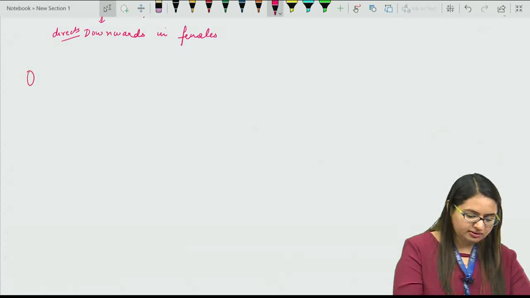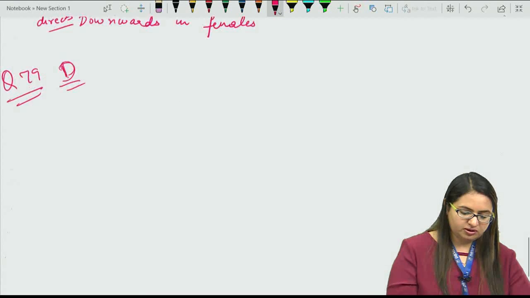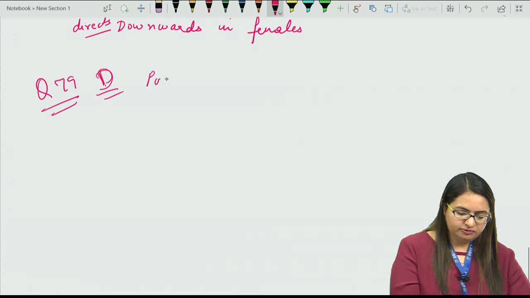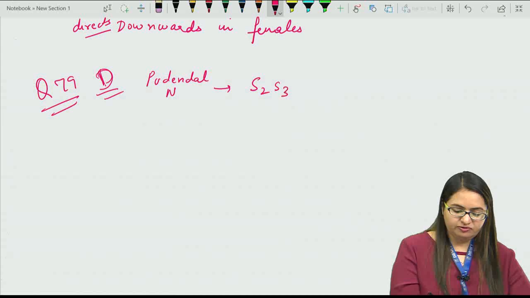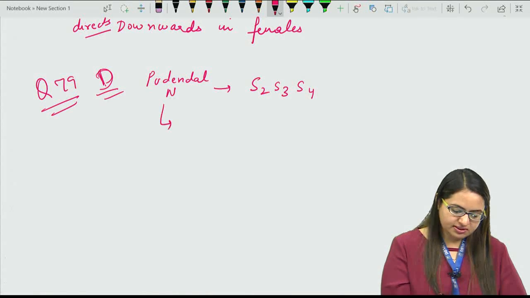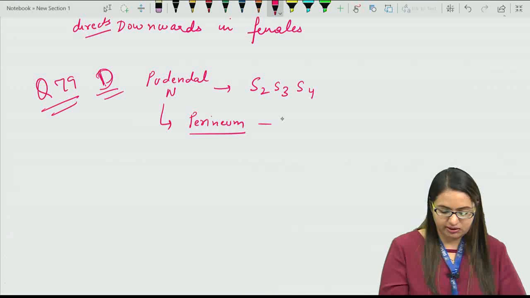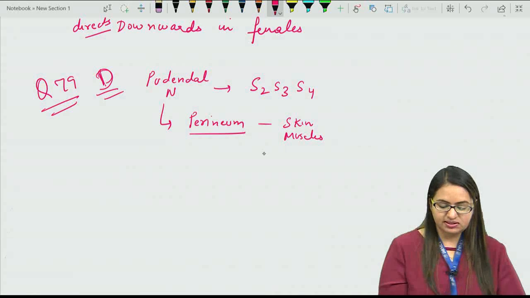The answer is D. The pudendal nerve is derived from S2, S3 and S4, and this is the nerve which is actually supplying the structures of the perineum. It supplies the structures of the perineum, which include the skin, the muscles of the perineum, as well as the lowermost opening of the vagina.